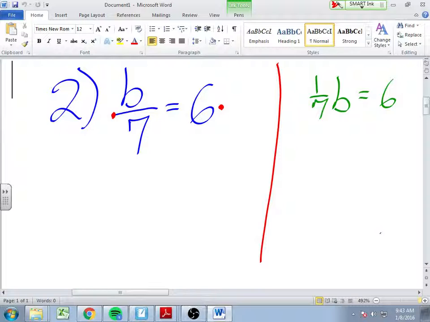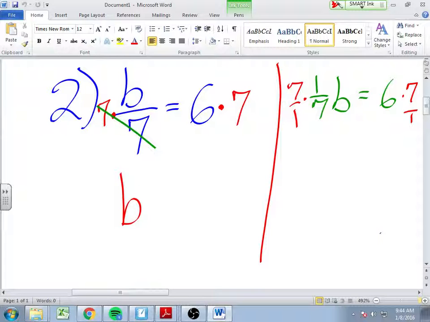Then we would multiply by the reciprocal, which is 7 over 1. Or, since we just see division by 7, we could easily multiply by 7. What you said is the exact same thing as what we want to do. So these cancel out, and B, well, that doesn't need to be red, it should be blue. B is 42.